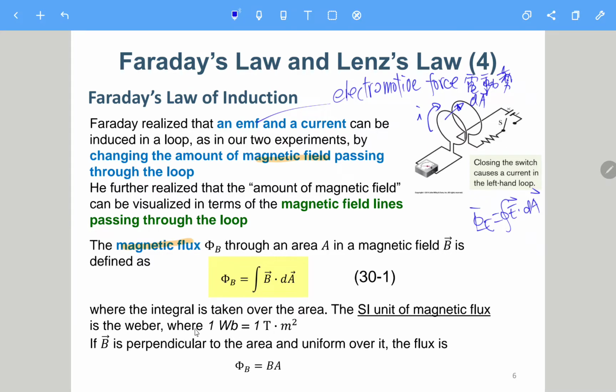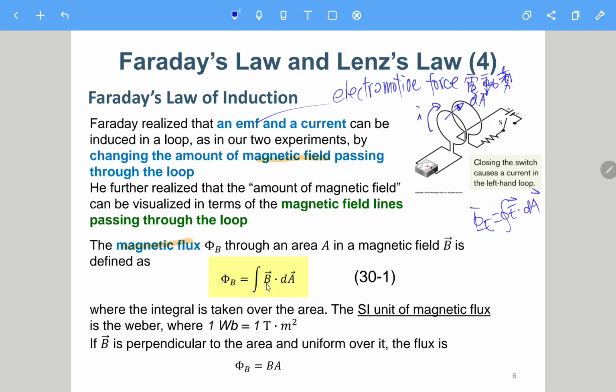And if B is perpendicular to the area, which means B and dA are parallel, then B dot dA is nothing but B times dA, because cosine 0 degrees is 1.